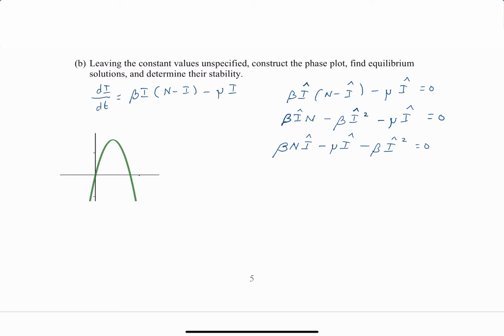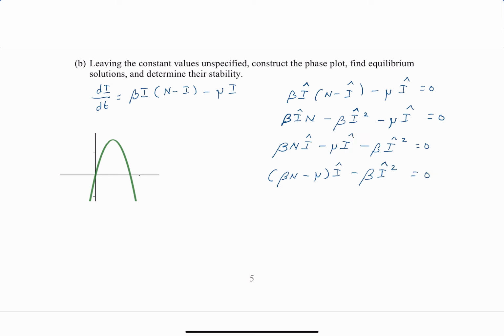And now to combine these first two terms, one way to think about it is you can say, oh, I'm going to factor the I hat out. So I'll have beta n minus mu times I hat minus beta I hat squared equals 0.